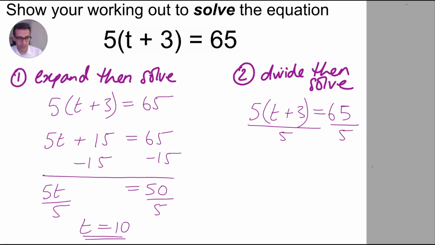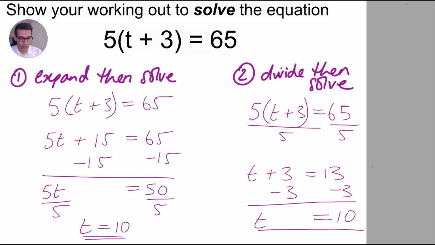So this becomes t plus 3 equals 65 divided by 5 is 13. And then I want to isolate t, so I'm going to take away 3 from both sides. So t equals 10. So you get the same answer. Both methods are equally valid.